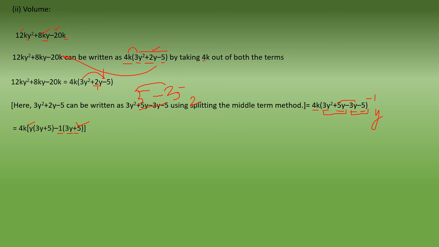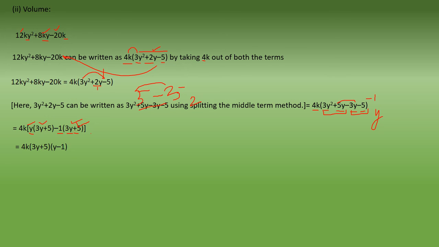Now this term and this term are similar, so we take only one term, and we are left with y minus 1 as the other factor. So y minus 1 is one factor and 3y plus 5 is the other factor. So we have 4k into 3y plus 5 into y minus 1.